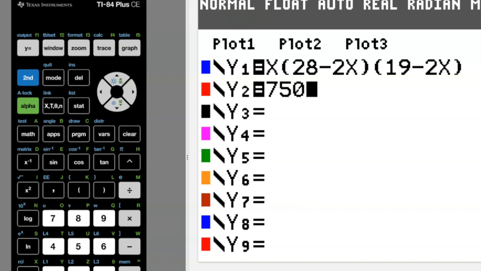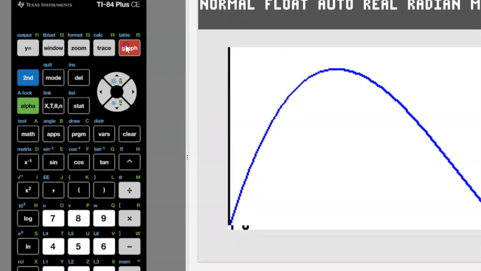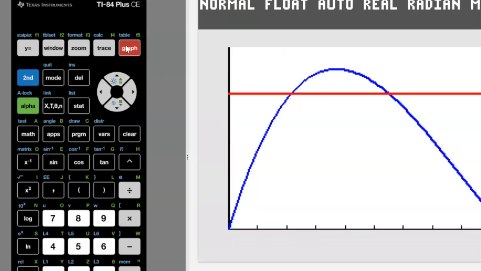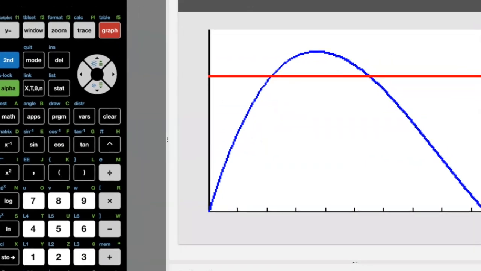When you graph this, you can now see that there's an intersect here and an intersect here. That's when you produce a volume of 750.